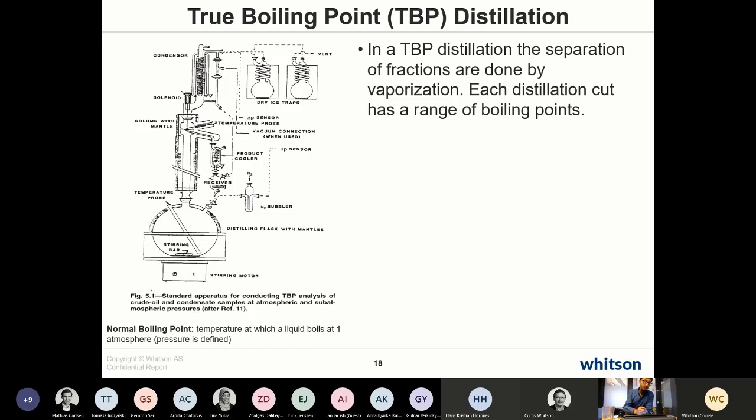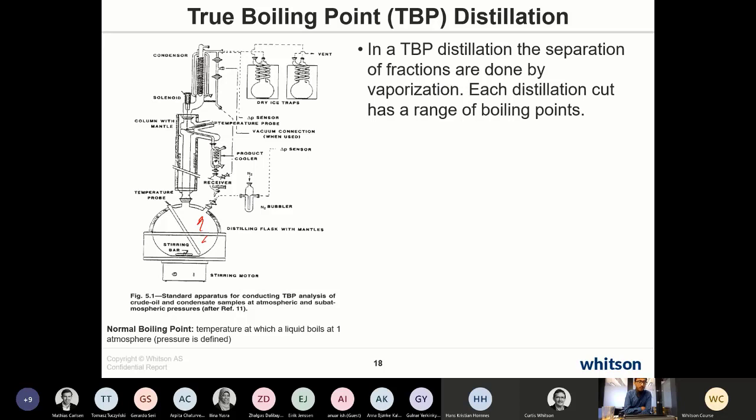That's from the monograph. So you have a sample in this flask here, and then you just start heating it up, and you collect the vaporized samples in these containers on the top. The temperatures that are specified for this distillation depend on what kind of analysis you want.